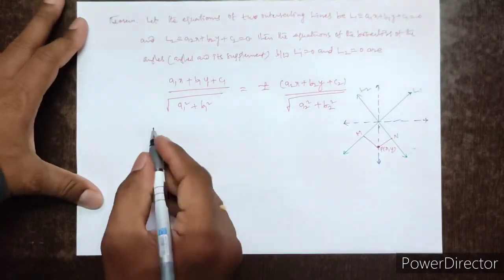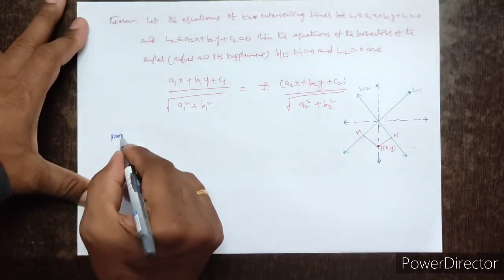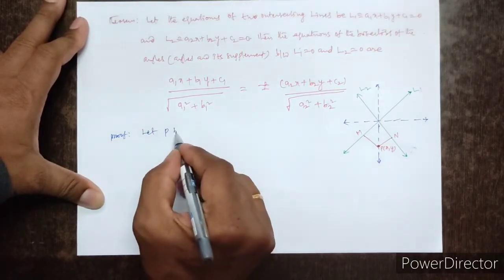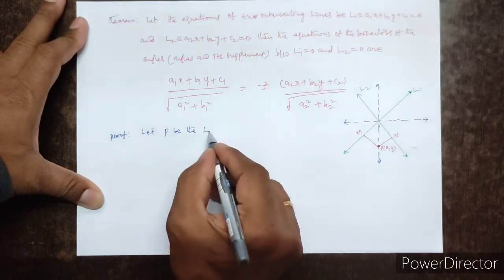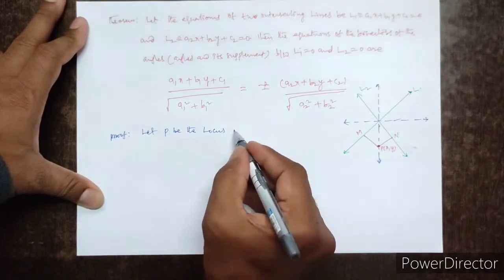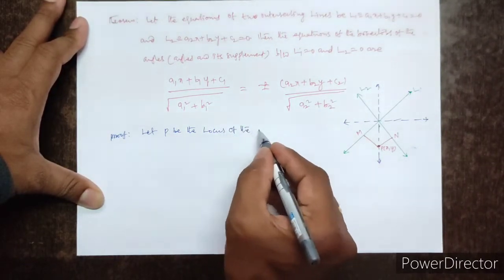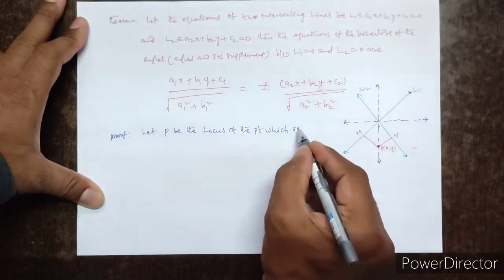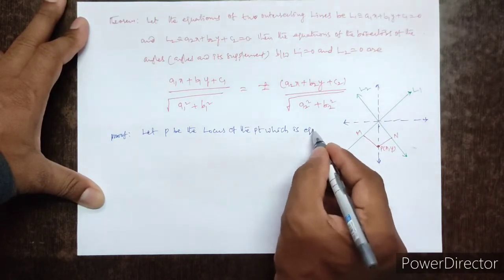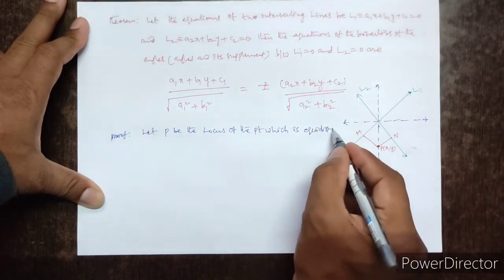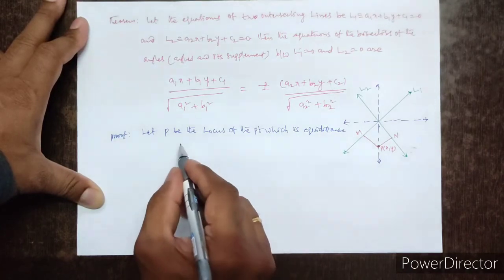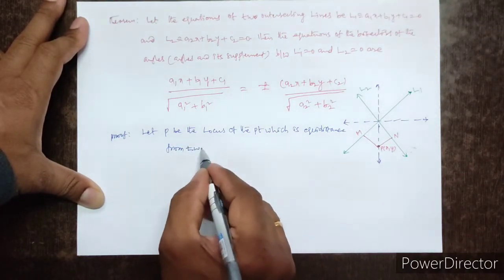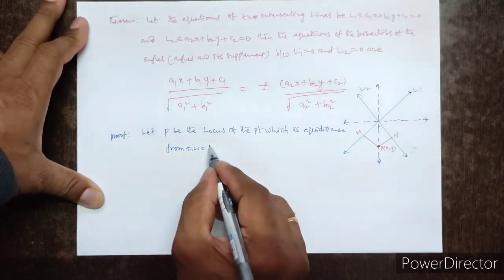Proof. Let P be the locus of the point which is equidistant from the two lines L1 and L2.